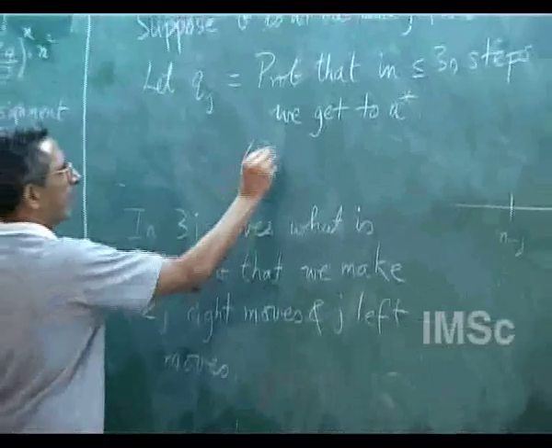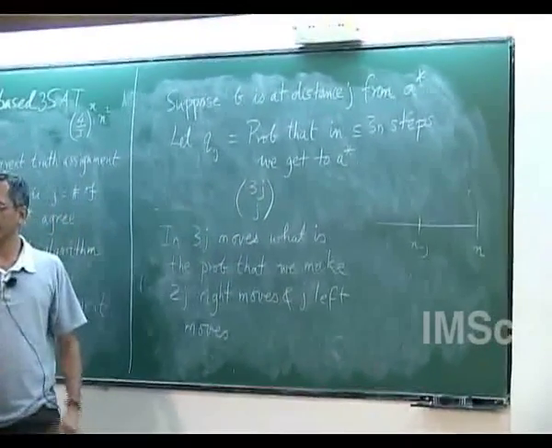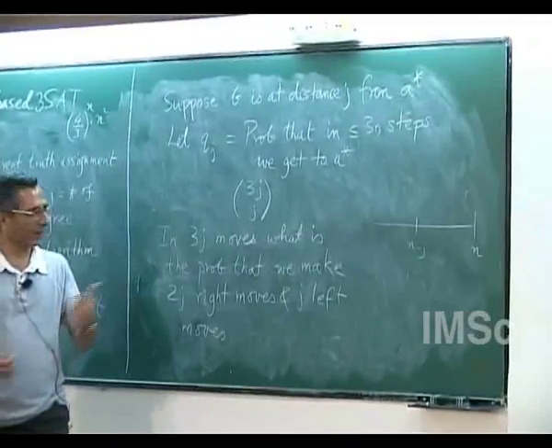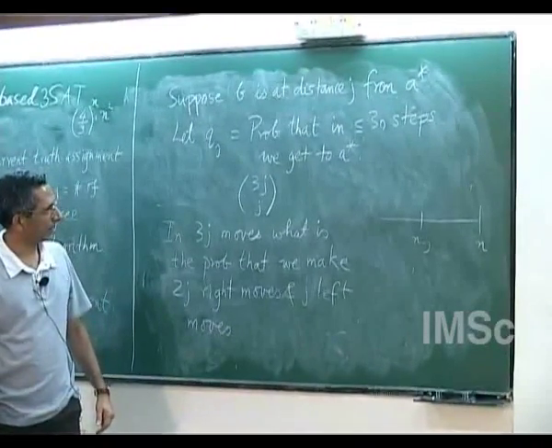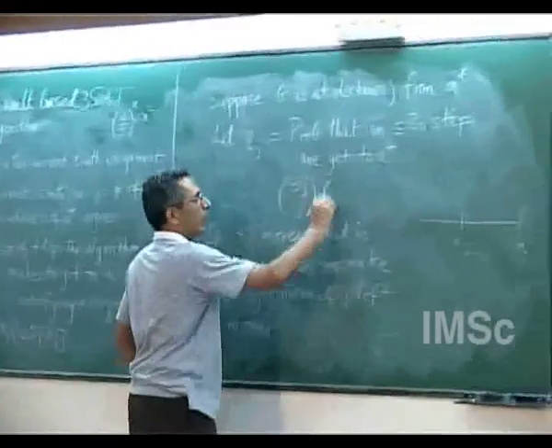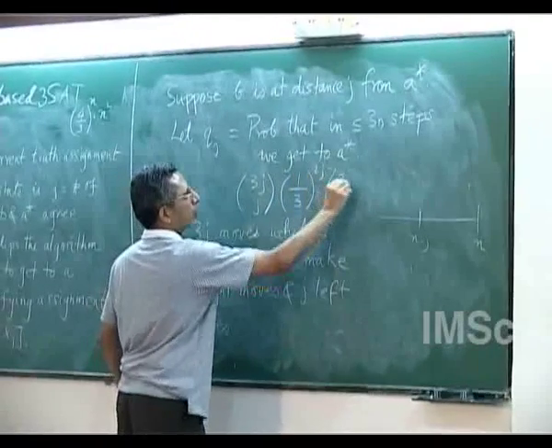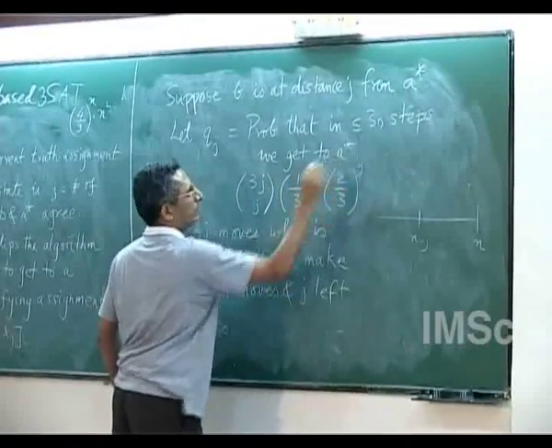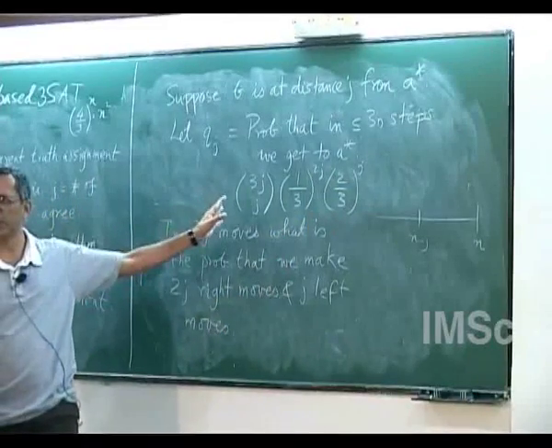It's just the binomial 3j choose j, since the j left moves could be located anywhere, times (1/3)^(2j) times (2/3)^j. This is what the binomial distribution tells you.